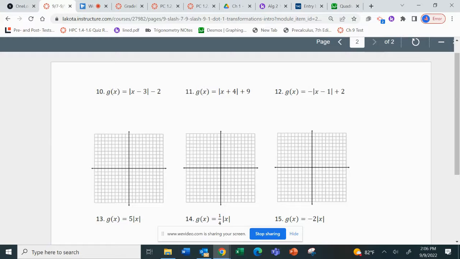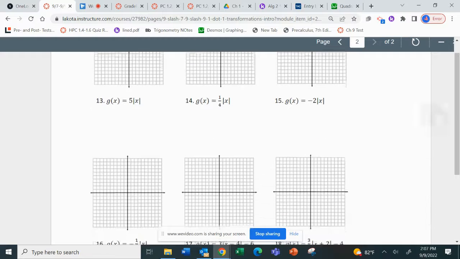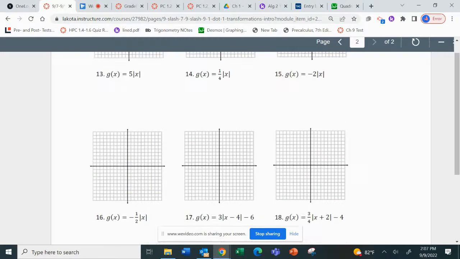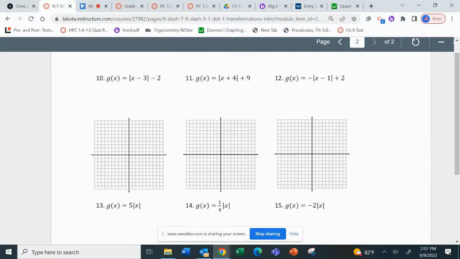But if you were going to do some of it before Monday, do 1 through 9. And then on Monday, we'll finish going through some of these notes so that you can finish the rest of them. They just get more complicated through there. You might be able to do 10, 11, 12 if you figured out what to do with a very important vertex. But after that, we'll definitely need to go through it together. Okay?